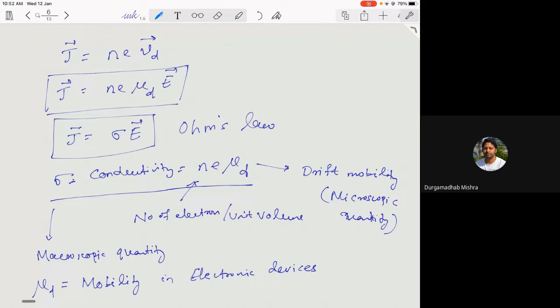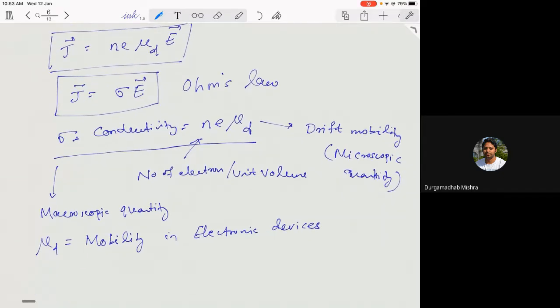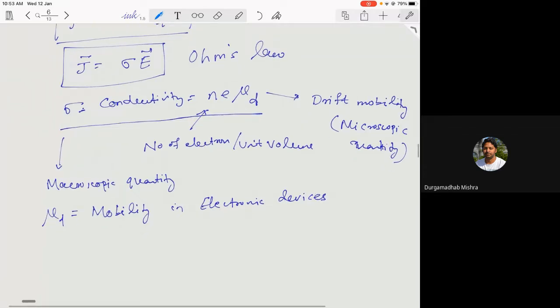Or the charge carrier will move faster if mu D is high. And therefore, when you make a device, you want to make sure that your mobility is high. And why do we want a higher mobility?